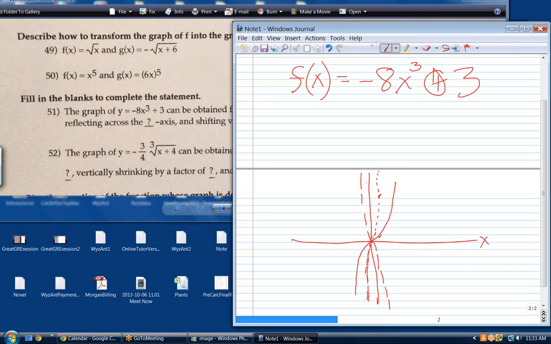So now this is y equals minus 8x cubed, and now I'm going to move this curve up 3 units, so its cross point is now going to be at 3, and it's going to look like this. If you can see that, maybe if I draw that in a solid line. So that's exactly how you do it.